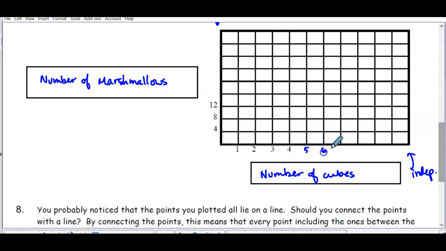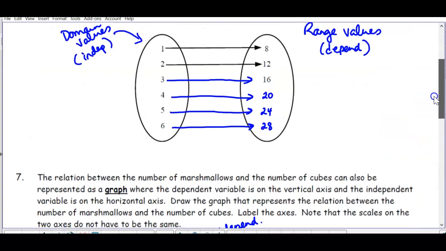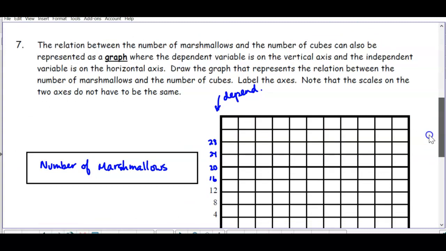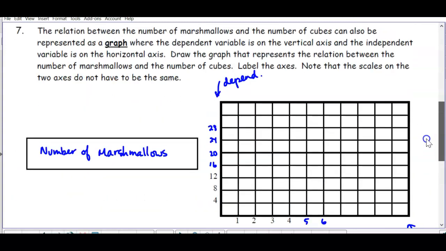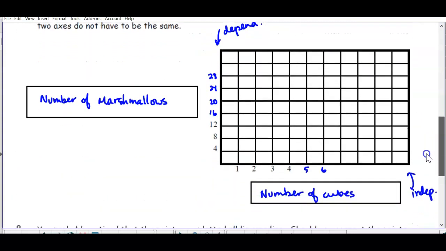So 5, 6. We just went to 6, so we'll leave it. And then we went 16, 20, 24, and 28. Okay. Where do we go? Sorry, did we go to 7? No, we went to 6. Right. Okay. All right.